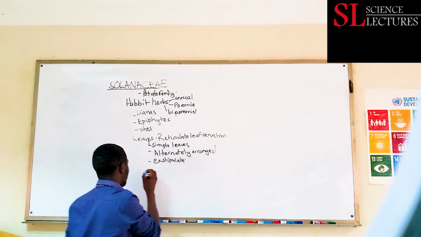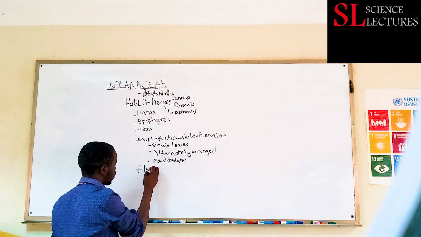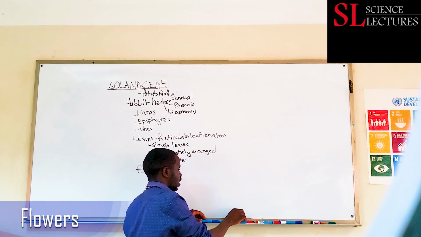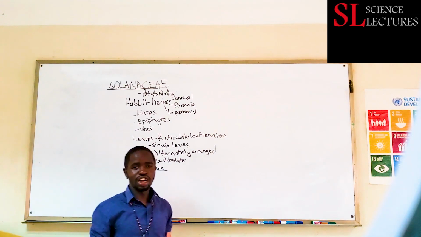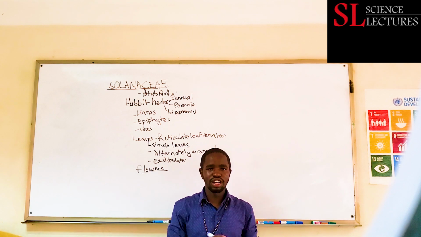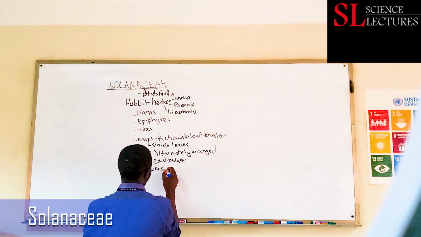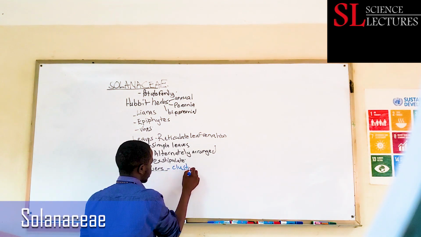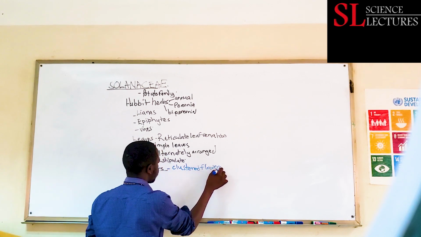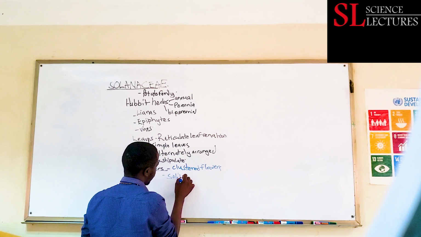Then you look at the flowers. Unlike Asteraceae that has an inflorescence, in this family we don't have an inflorescence. We instead have clustered flowers, or we have solitary flowers.